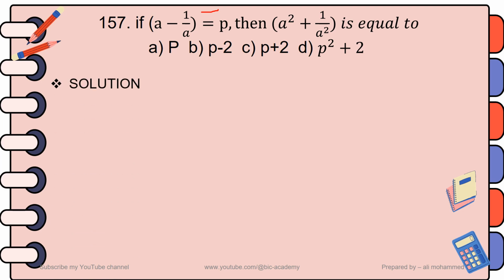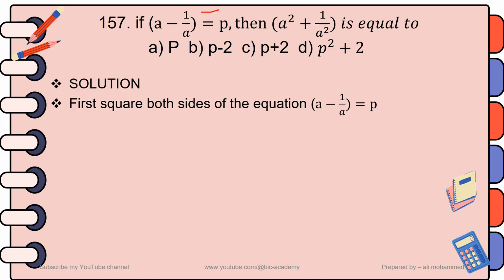Now let's see how to get the answer for this question. First, square both sides of the equation. You have the given equation a minus 1 over a, which is equal to p. Then square both sides. You get a minus 1 over a the whole square, which is equal to p square. Then a minus 1 over a squared means a minus 1 over a multiplied by a minus 1 over a.